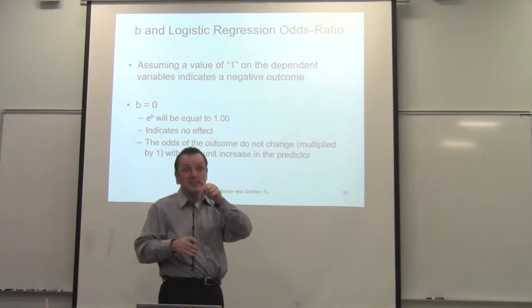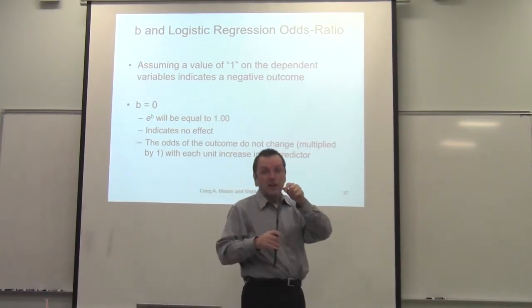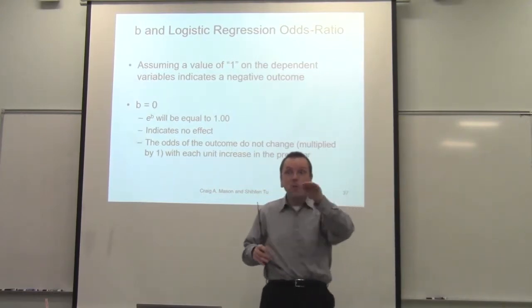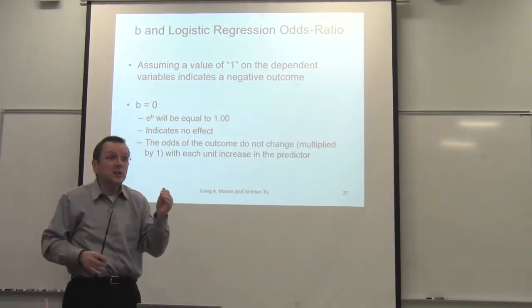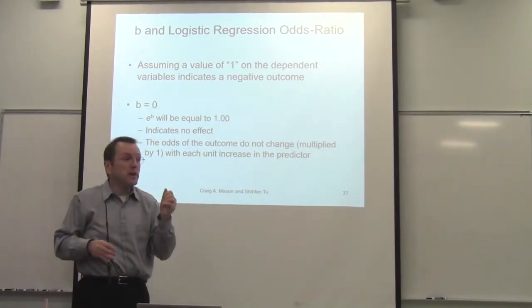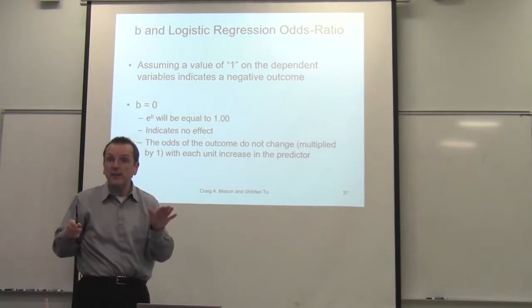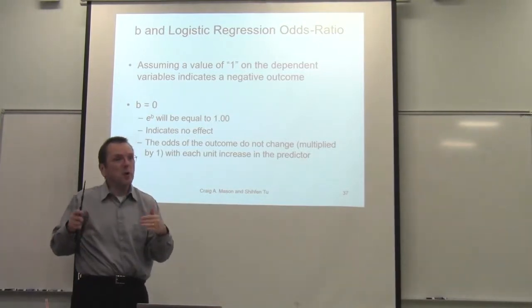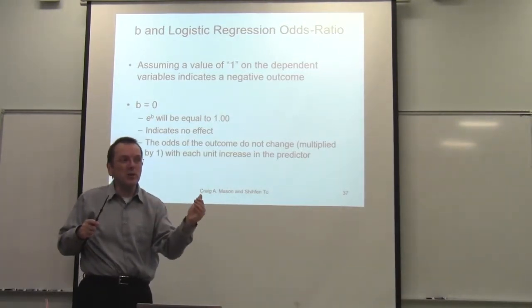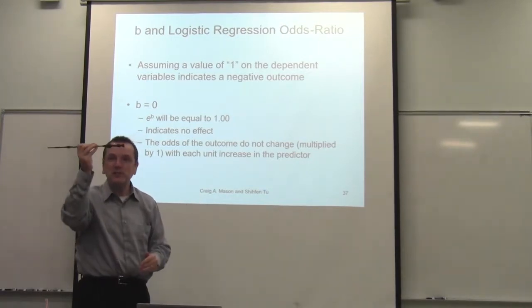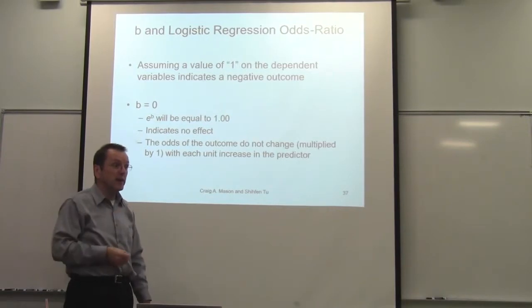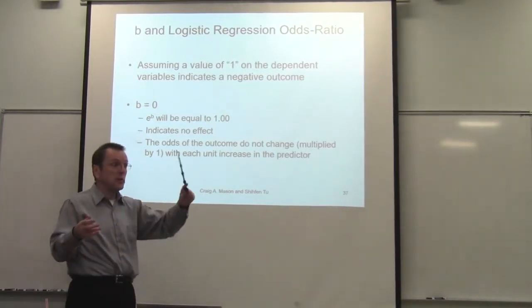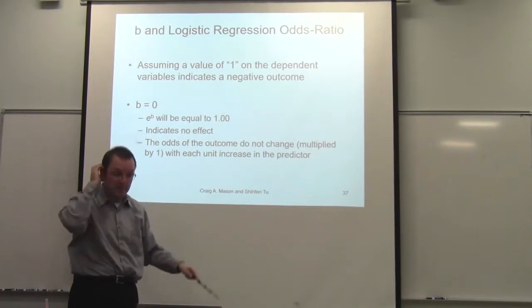It's times 1, so it's the same odds. I go up another unit, times 1, it's the same odds. When the regression coefficient is 0, the odds ratio is 1, and an odds ratio of 1 means no effect. So that's where odds ratios are a little different than regression coefficients. A regression coefficient of 0 means no effect, but an odds ratio of 1 means no effect. As you increase, the odds stay exactly the same.